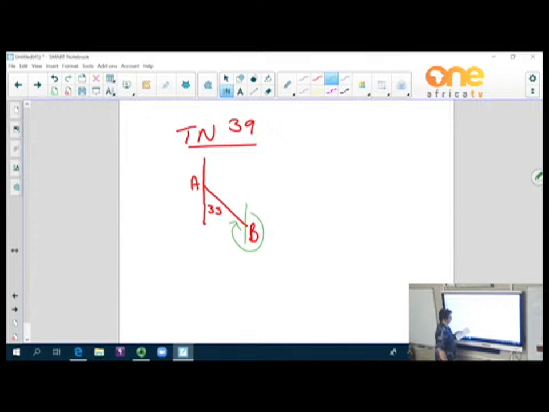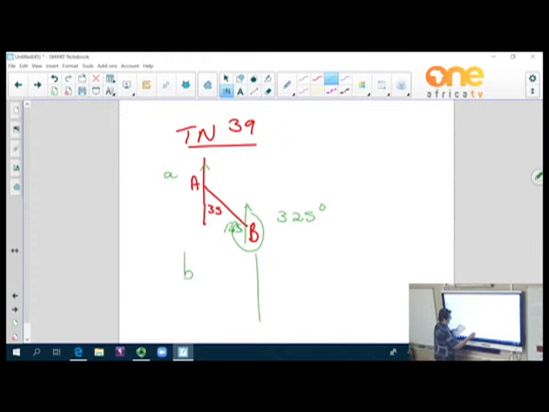What we know is that these are co-interior angles because these two lines are parallel. So this angle here will be 145 degrees. And then we can say 180 plus 145, which is 325 degrees for number A.